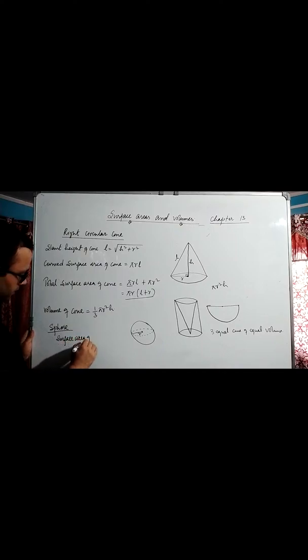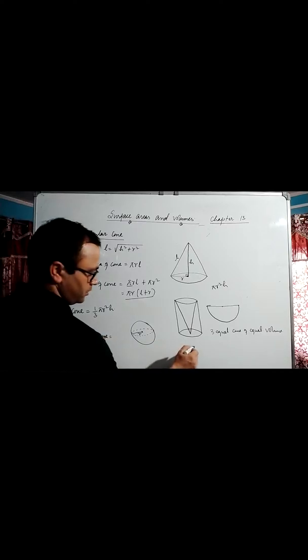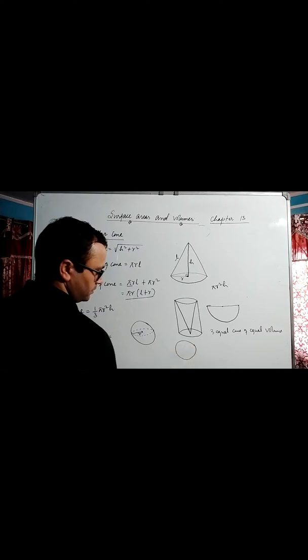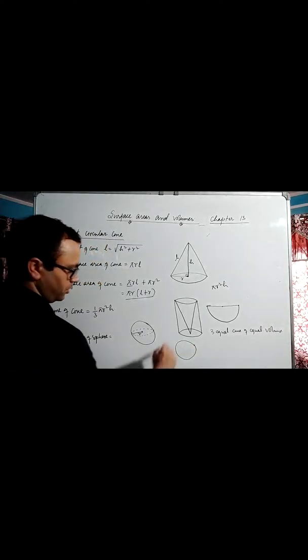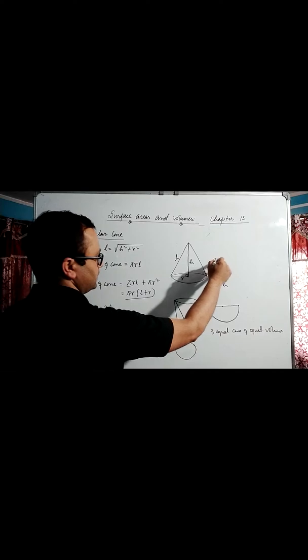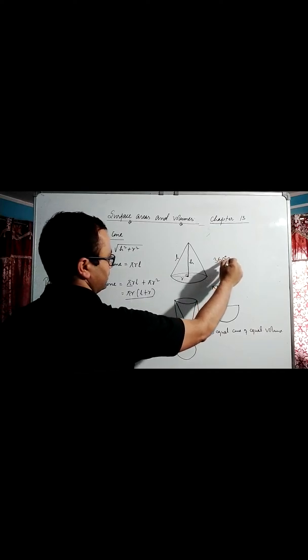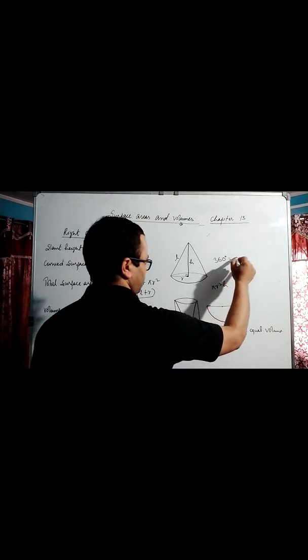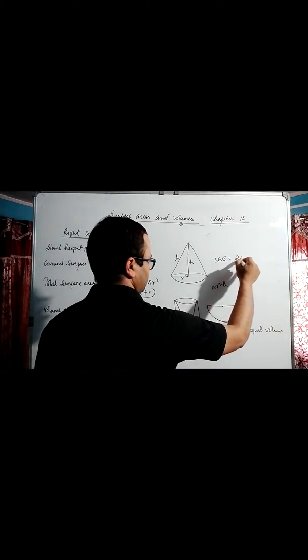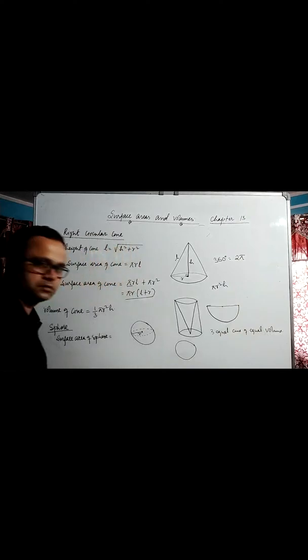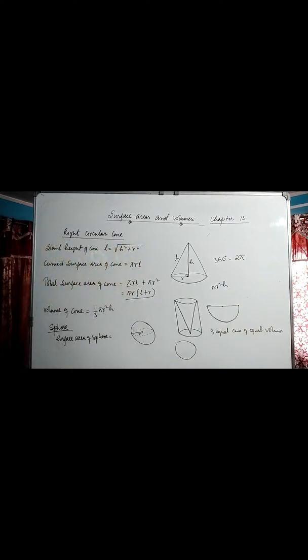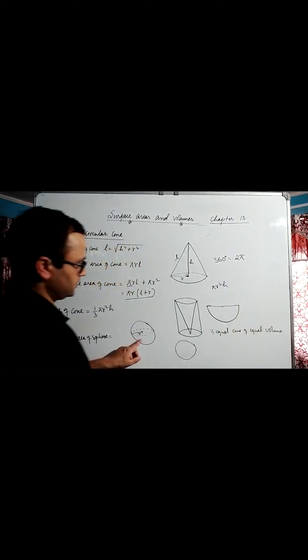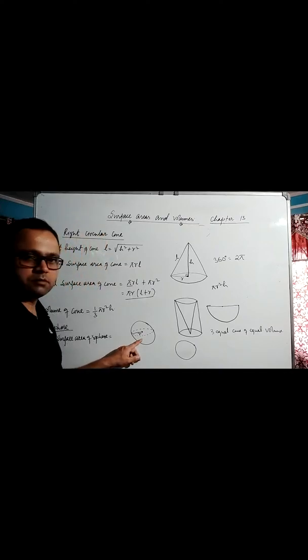Surface area of a sphere equals, in a circle, the complete angle is 360 degrees. So in terms of radians, we write 360 degrees equals 2 pi. This is a 3D solid, meaning a 3-dimensional solid.